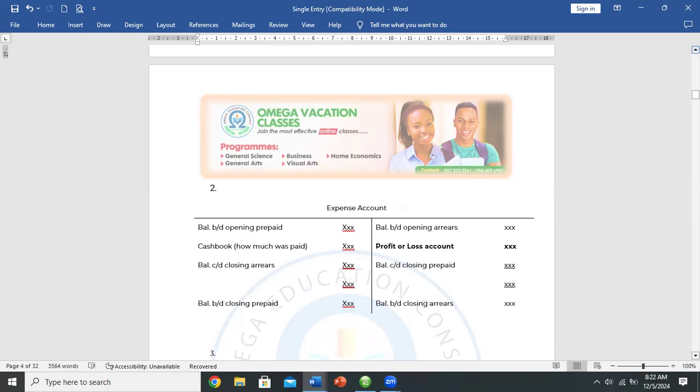You can have a business owing rent from last year. The business made some payment during the year. It still has some outstanding for the next year. So the information becomes very plenty, and as an accountant, you need to organize it and determine how much expense you have incurred.